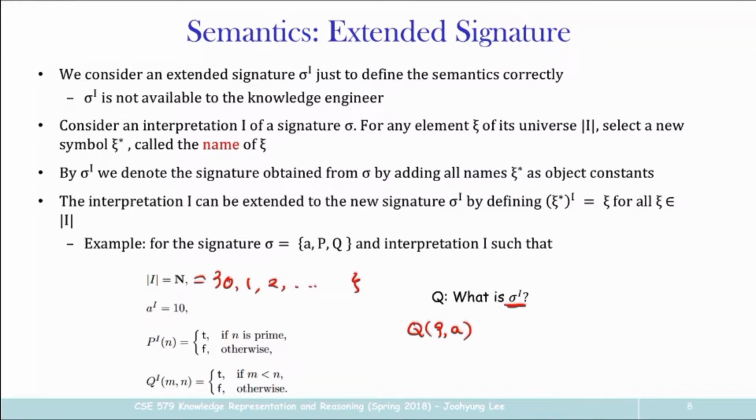So this extended signature will contain all the symbols in the original signature, plus names for all individuals. So instead of 0, I will now call 0 star, which is actually an object constant in the extended signature.